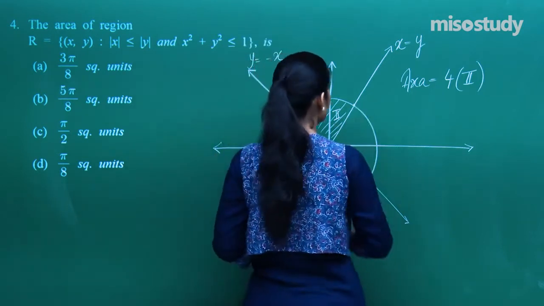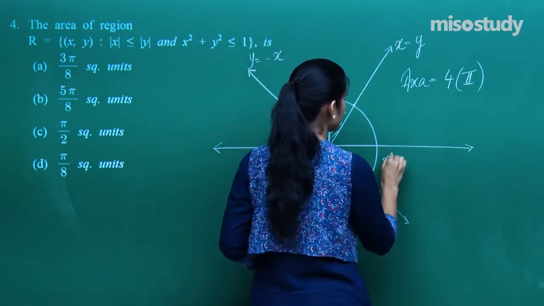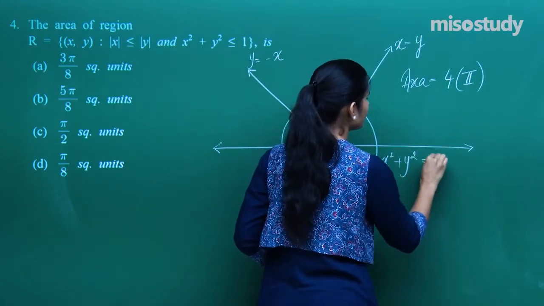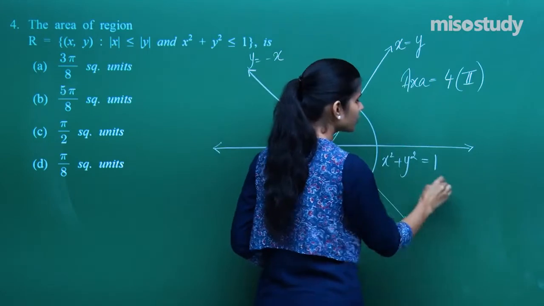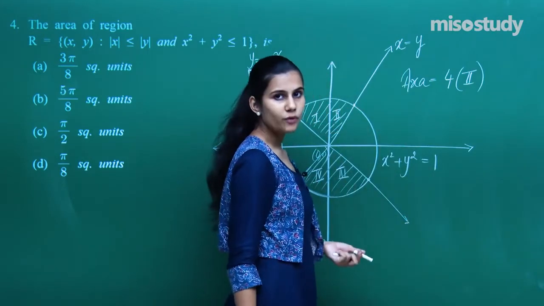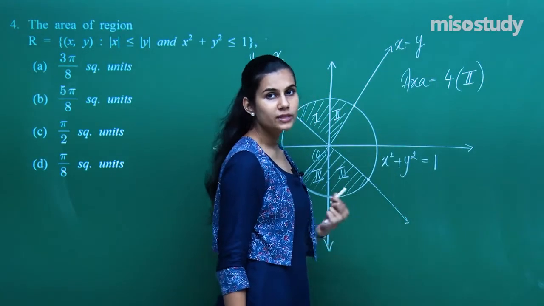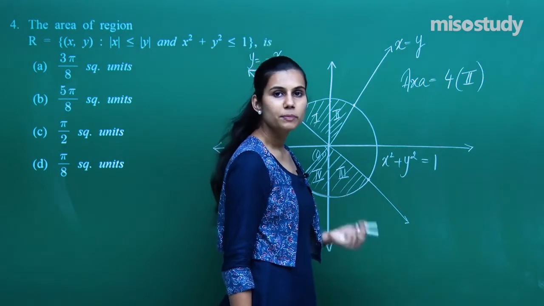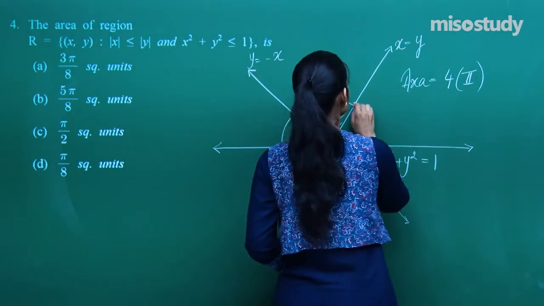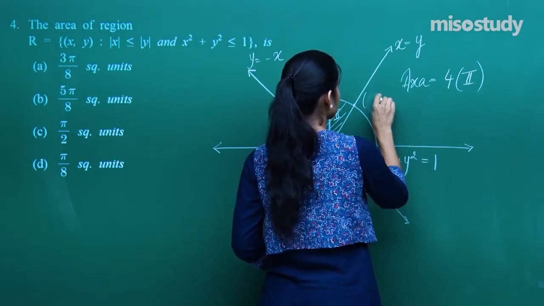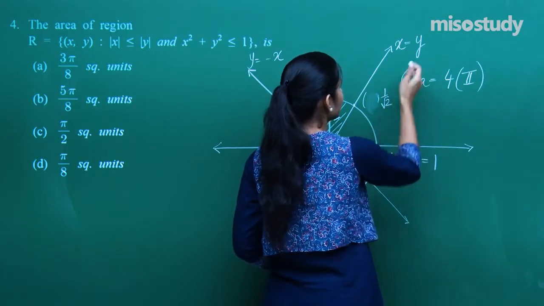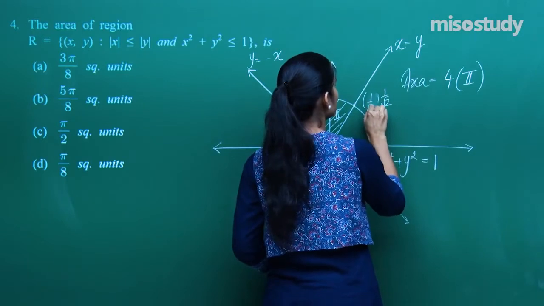What is this point? Now, this circle is x square plus y square equals 1. In place of x, if you put y, you get y square plus y square equals 1. Twice y square equals 1, y square is 1 by 2, so y comes out to be plus minus 1 by root 2. So this point comes out to be 1 by root 2. But when y is 1 by root 2, x is also 1 by root 2.